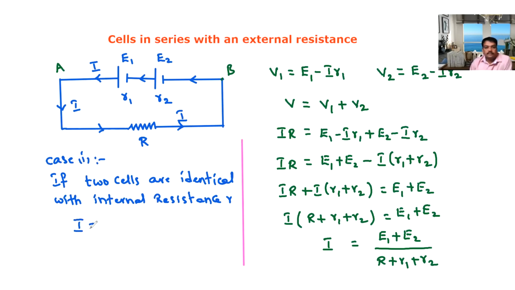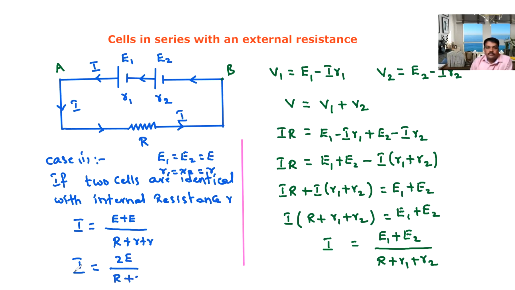I is equal to E plus E, as E1 equals E2 equals E, and R1 equals R2 equals R. Then the denominator is R plus R plus R. It gives the final expression I is equal to 2E by R plus 2R.